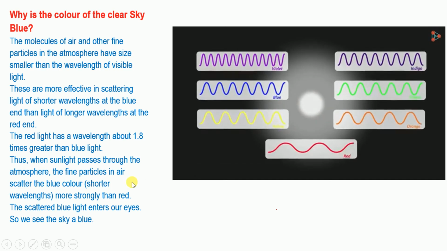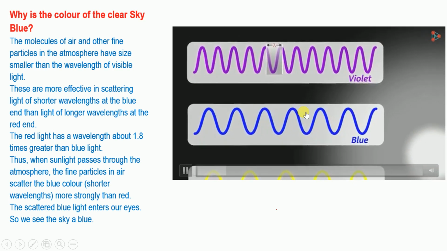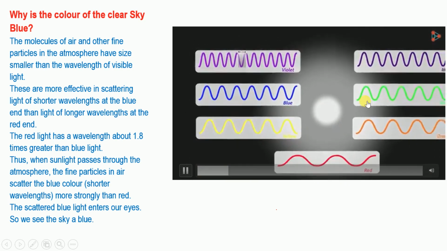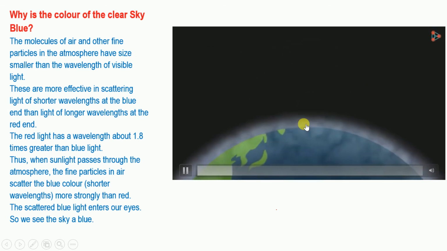Now, these are the rays of shorter wavelength, that is violet, indigo, blue. Look, you can compare this. Among these, blue is prominent, and indigo. Now these green, yellow are the higher wavelength.